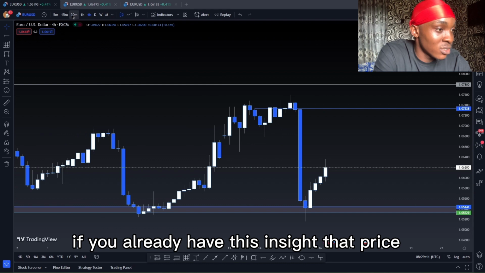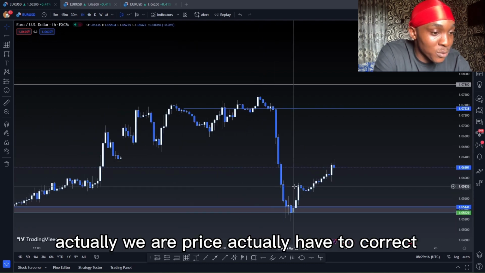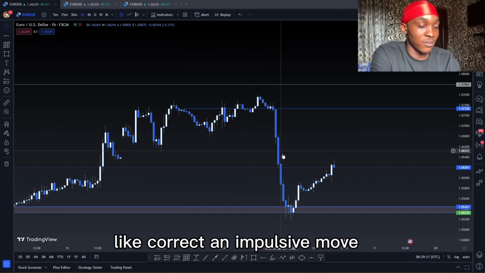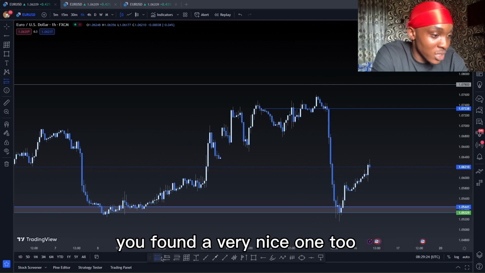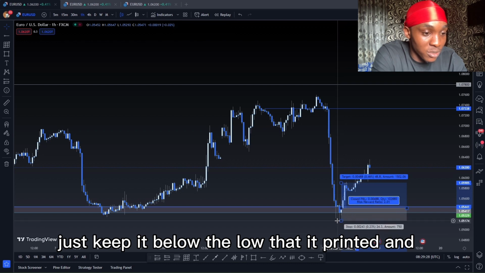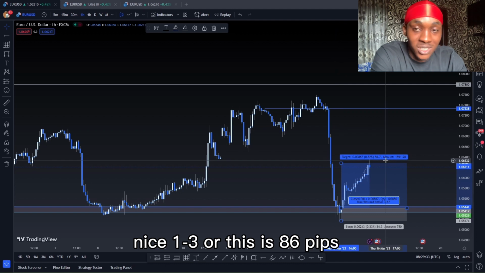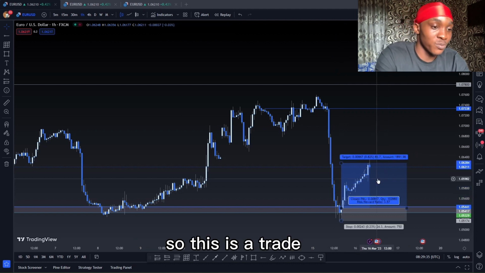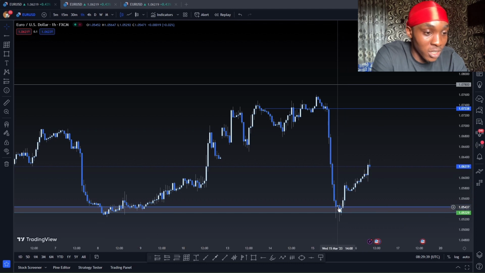Price actually has to correct an impulsive move, like an imbalance. So you can just take this as a correction, and you found a very nice 1 2, and just keep it below the low that you printed, and a nice 1 2 3, or this 86 pips, just the correction. So this is a trade opportunity here which I have judged from the weekly time frame and daily time frame.